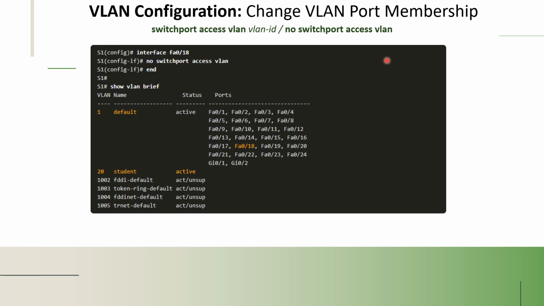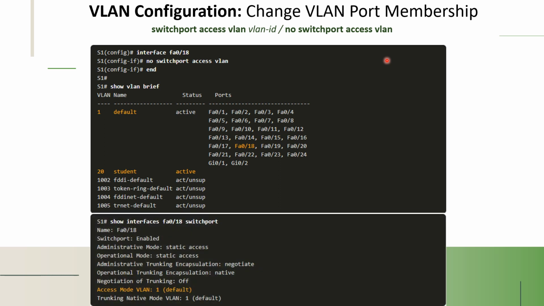And you can still see that VLAN 20 is still active, even though there is no port assigned to it. The command show interface FastEthernet 0/18 switchport here will give us the output, which verifies that the access VLAN for interface FastEthernet 0/18 has been reset to VLAN 1.